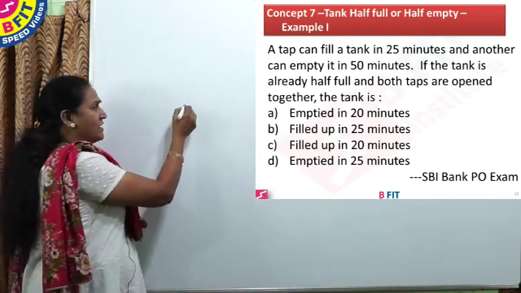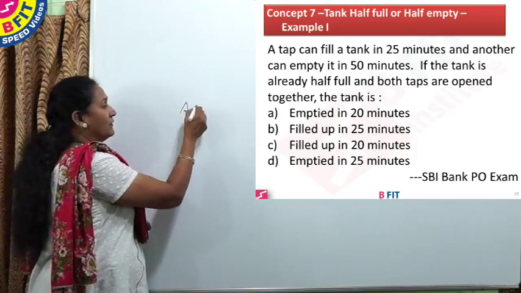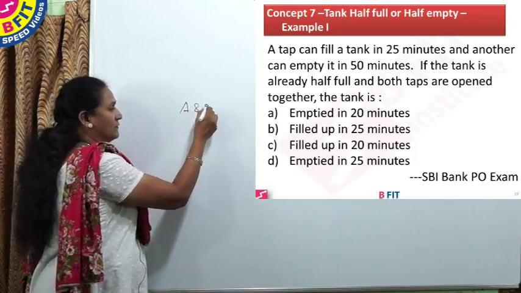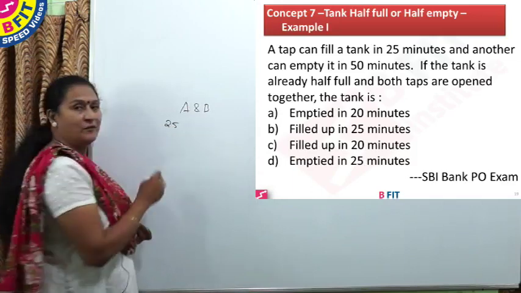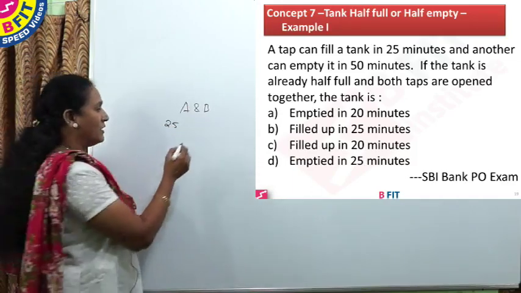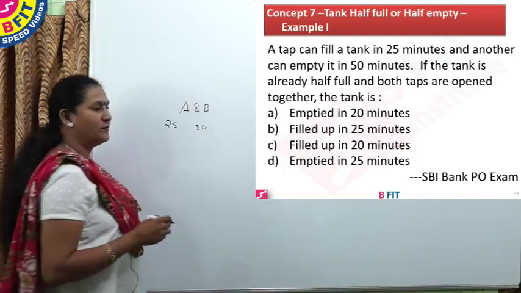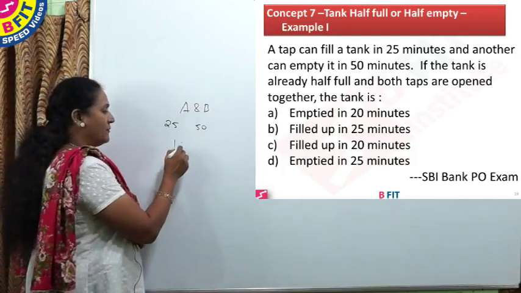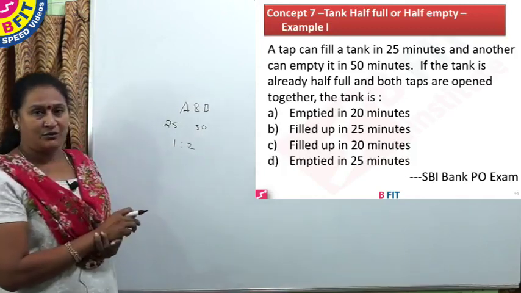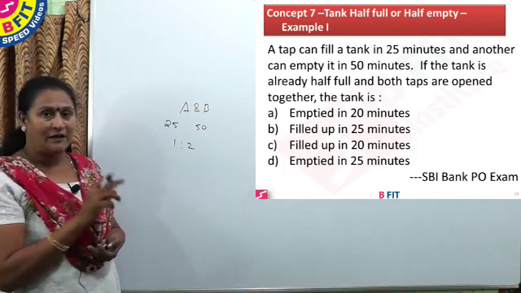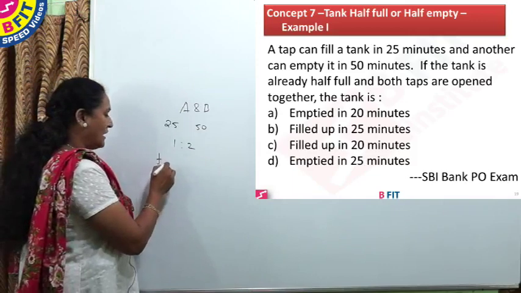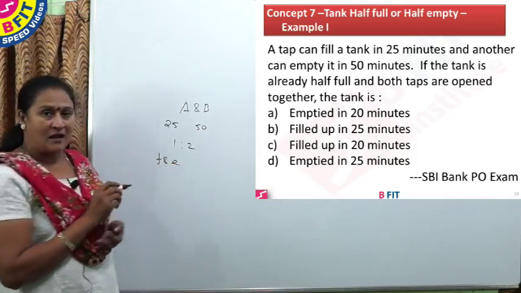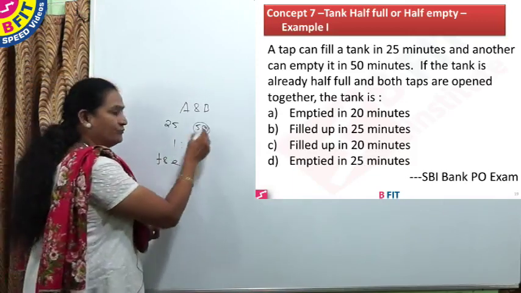So here A and B. What is the time taken by A to fill? 25 minutes. And what is the time taken by B to empty? It is 15 minutes. So what is the ratio of time taken? It is 1:2. I have already told you that when the time taken is in the ratio 1:2, with one filling and the other emptying, the answer will be the higher value, 50.